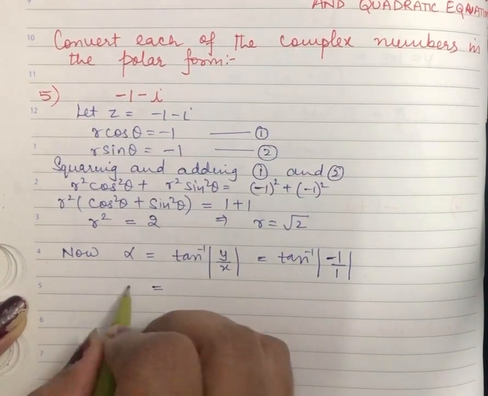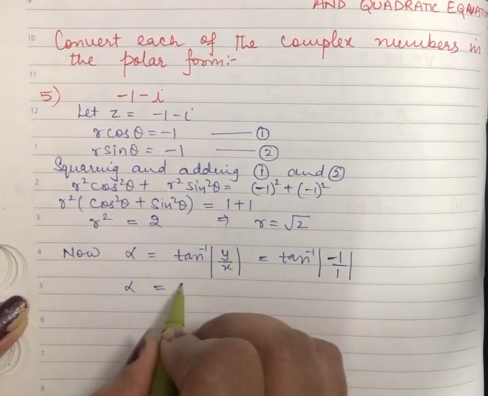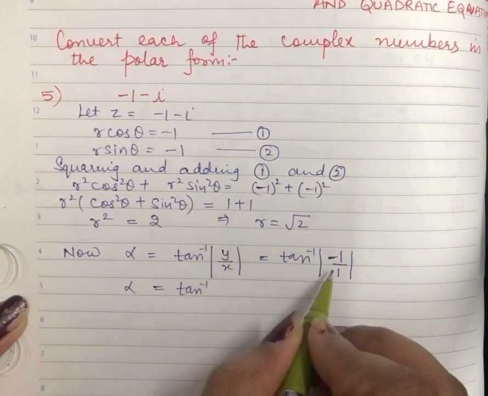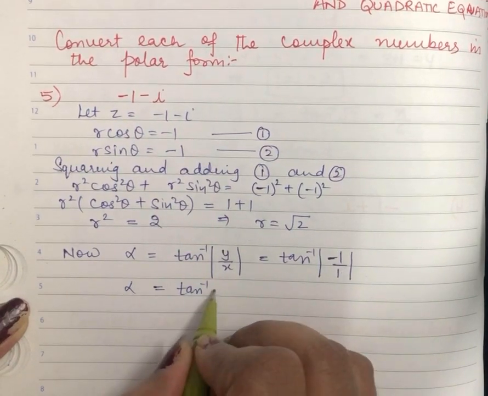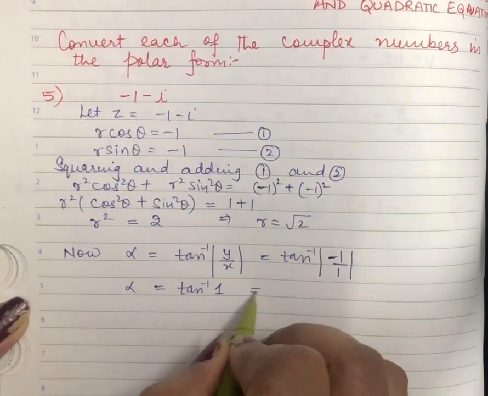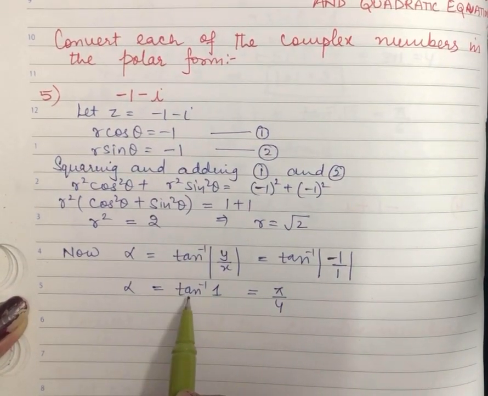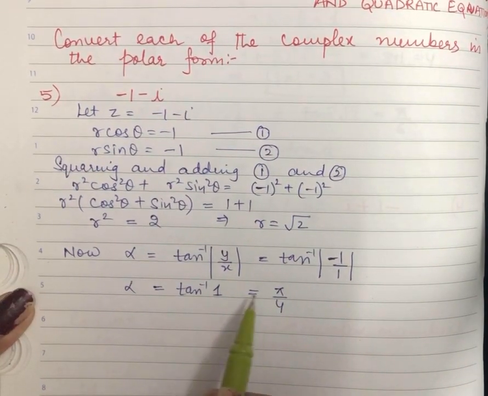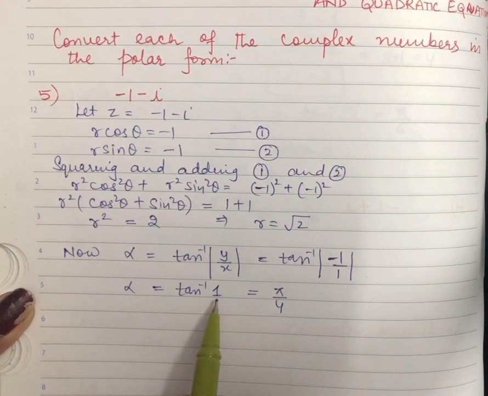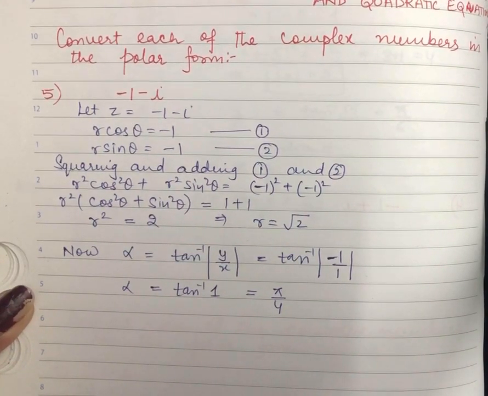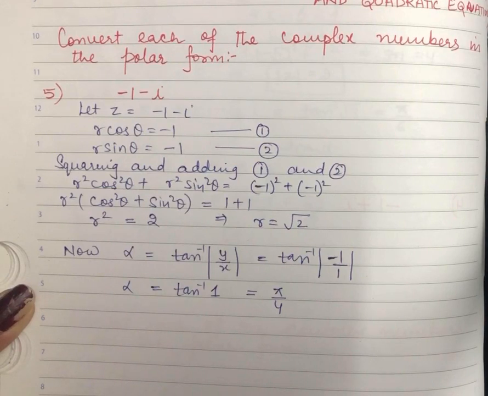So modulus, it will be tan inverse mod -1, that is 1, which is equal to pi by 4, 45 degree, because at pi by 4 the value of tan is 1. So tan inverse 1 is equal to pi by 4. Now this is the value of alpha.